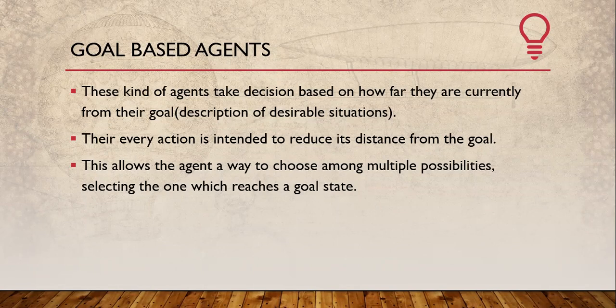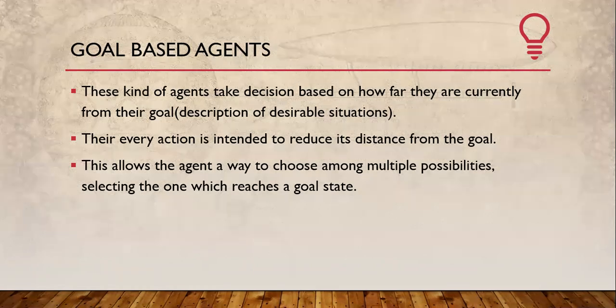And maybe the environment will be cooperative, because it has to keep taking care of other things also, like what its actions do. But when we talk about a goal based agent, they are very clear that they have a certain goal and they have to achieve it. So they will work exactly like a model based agent, but every time they take an action, they also have to decide how near they are to their goal.